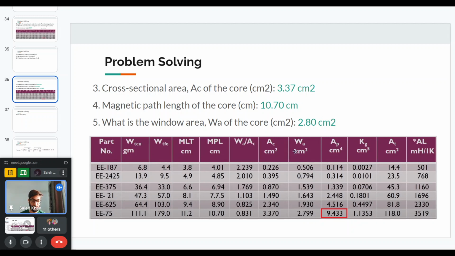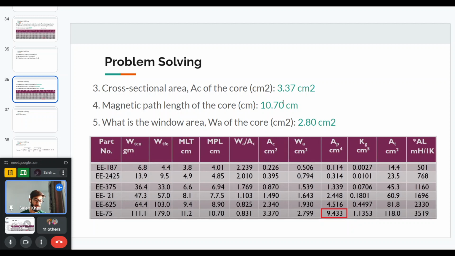So I hope that is clear. These are just design data you have to see from the table. Centimeter is the unit that you have to give these values in. So the magnetic path length, you can write it as 10 centimeter, you can write it as 100 millimeter, you can also write it as 0.1 meter.